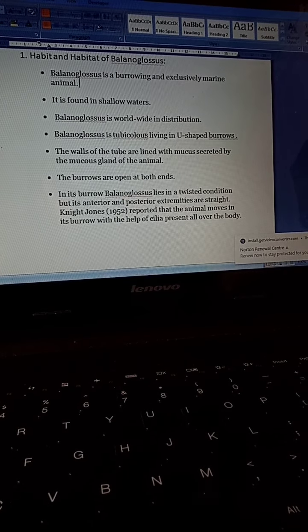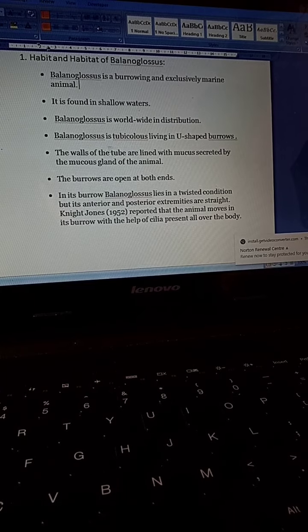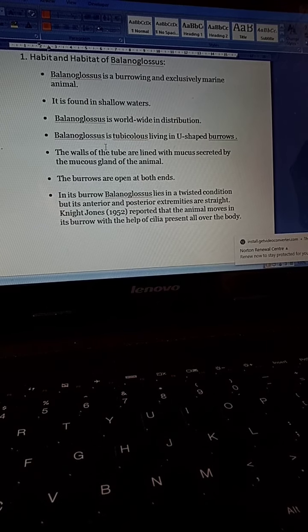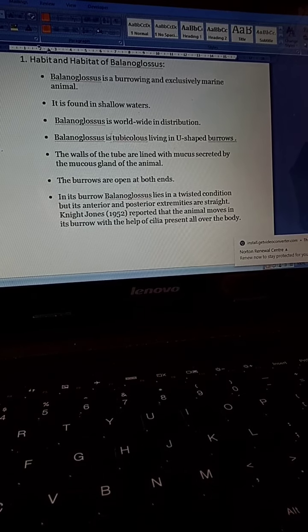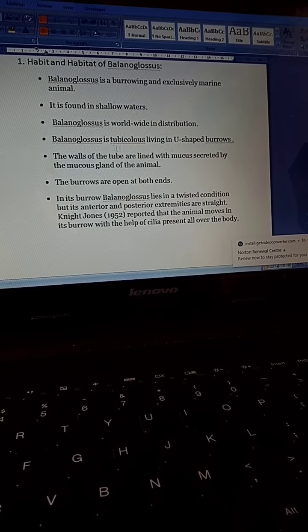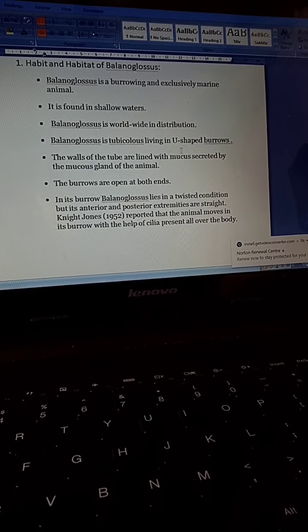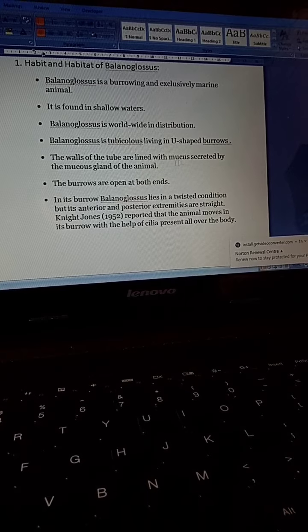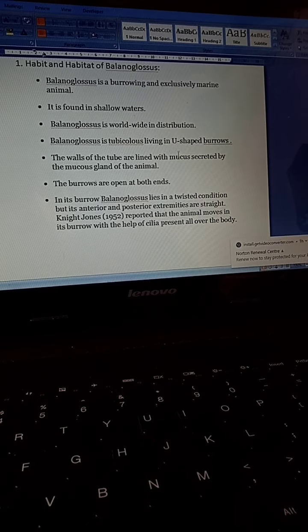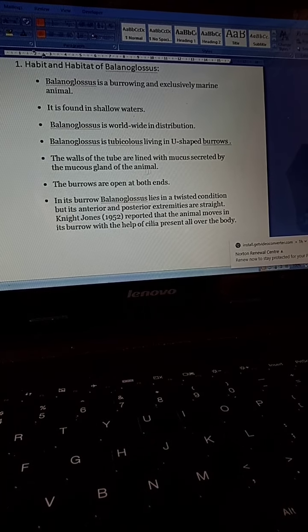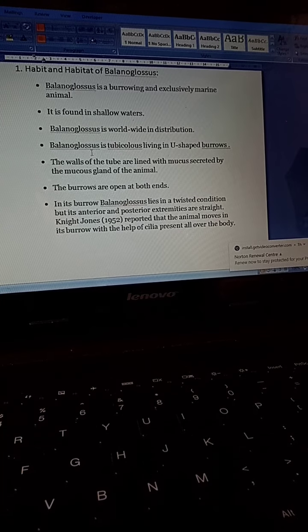Next, Balanoglossus is tubicolous. Tubicolous means it lives in tubes made by itself. It lives in U-shaped burrows, which it makes itself, and it hides in them.